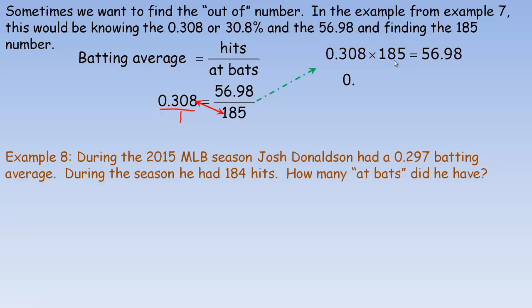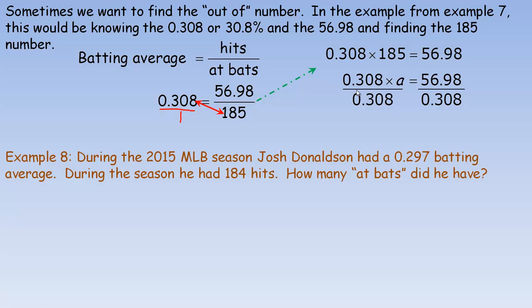I'm going to call that A, which stands for at-bats. So if we know the batting average and we know the number of hits he got, how would we find that? Well, in this little linear equation, the A and the 0.308 are multiplied. To undo multiplying, we divide out the 0.308 on both sides.